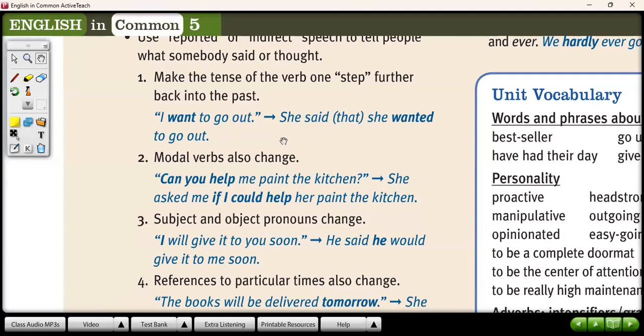We can use the verb say or tell. We're going to see the difference later. So she said that she wanted to go out. That here is optional. Okay, you can use it or not. Most people use that, but if you want to omit, that's fine too. No problem at all.